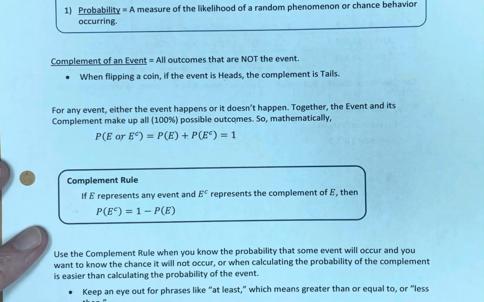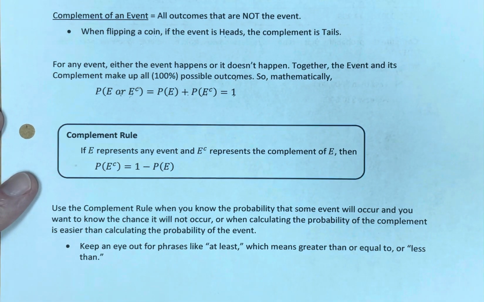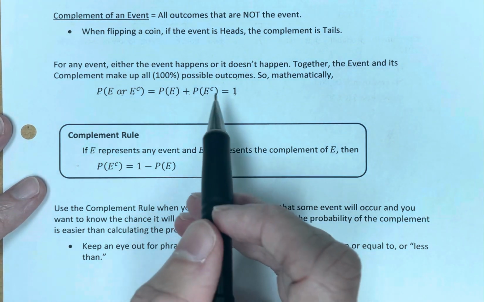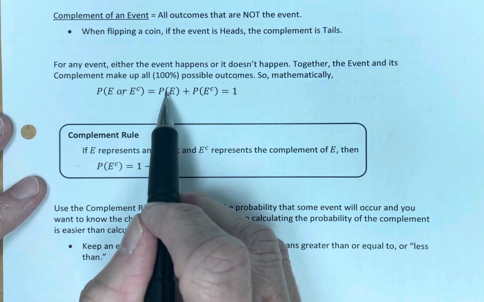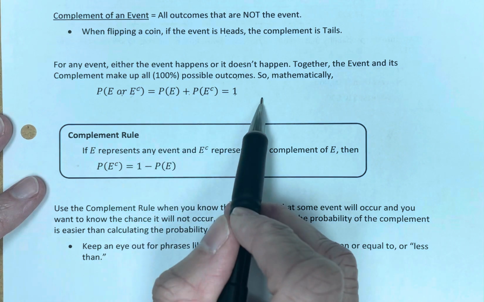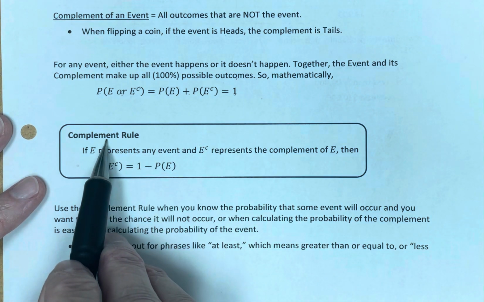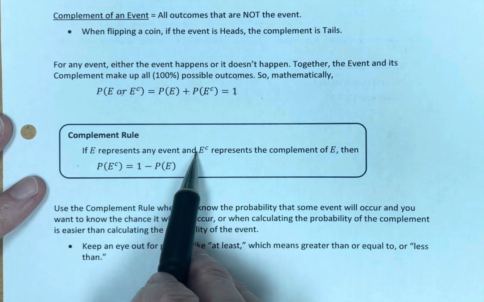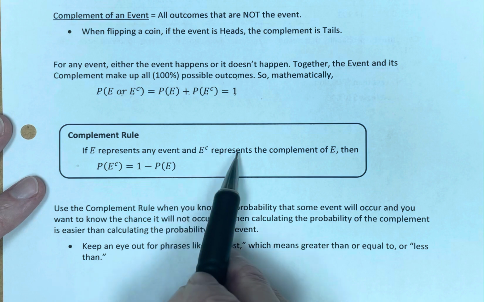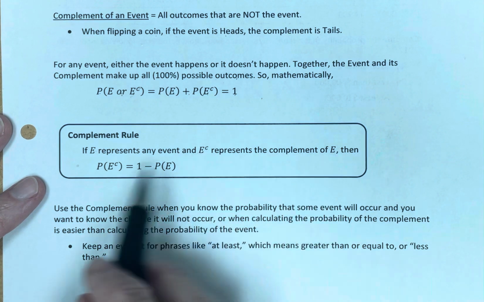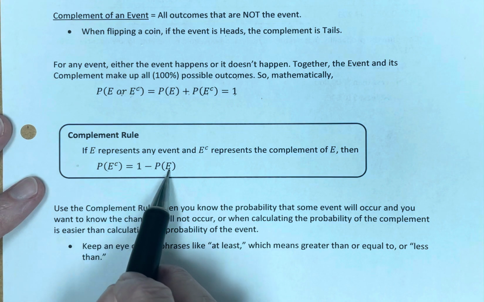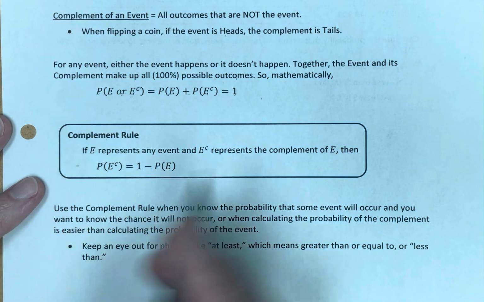The probability of those two things added together is all probabilities. So the complement rule plays off of that with a little bit of algebra. We're simply going to subtract the probability of E from both sides, and that gives us the complement rule. If E represents the event and E superscript C represents the complement of the event, then the probability of the complement is 1 minus the probability of the event.